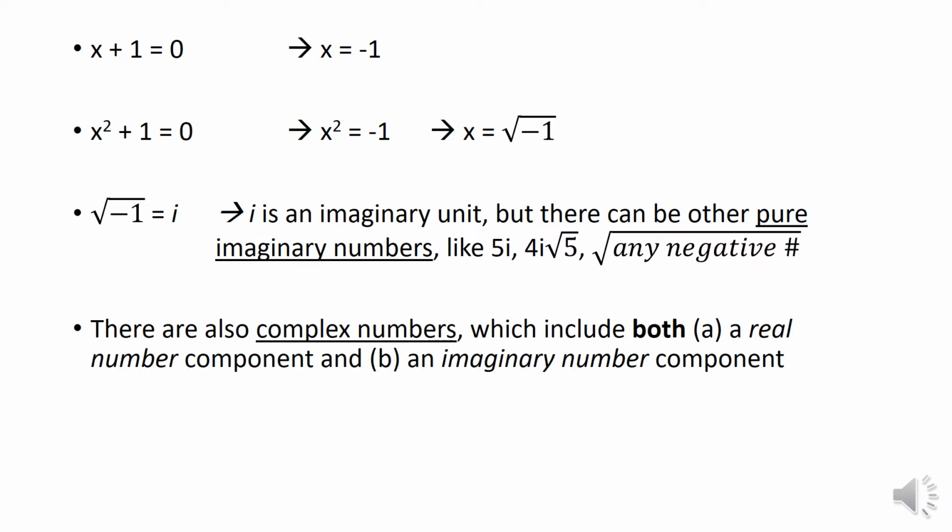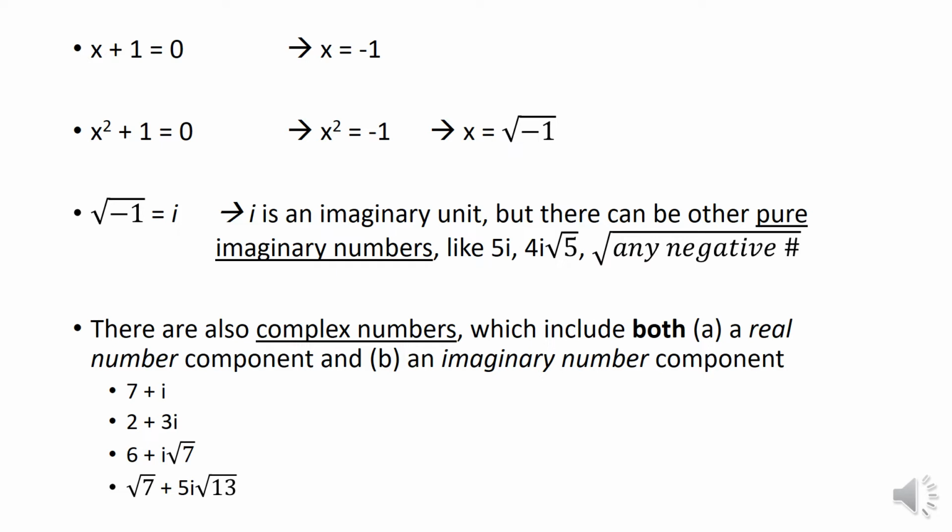There are also complex numbers, which include both a real number component and an imaginary number component. So the following would be considered complex numbers. 7 plus i, 2 plus 3i, 6 plus i times the square root of 7, or square root of 7 plus 5i square root of 13.